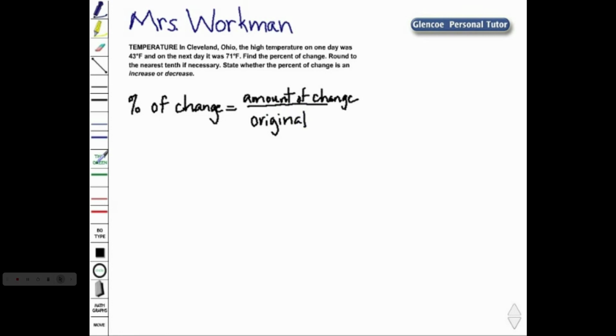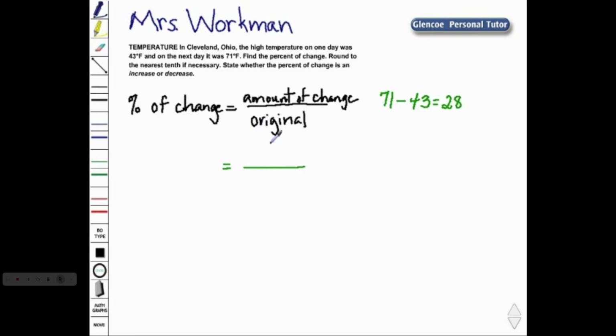So the first thing we need to do in order to set up this ratio is to find the amount of change. And so we're going to subtract 71 degrees and 43 degrees. 71 degrees minus 43 degrees is equal to 28 degrees.